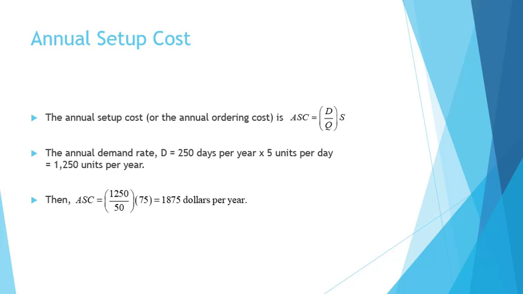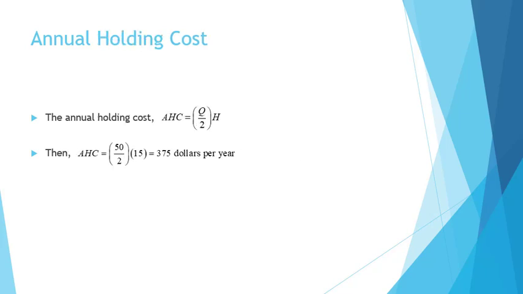Next, we will calculate the annual holding cost. The annual holding cost is equal to order quantity divided by 2 times unit holding cost.